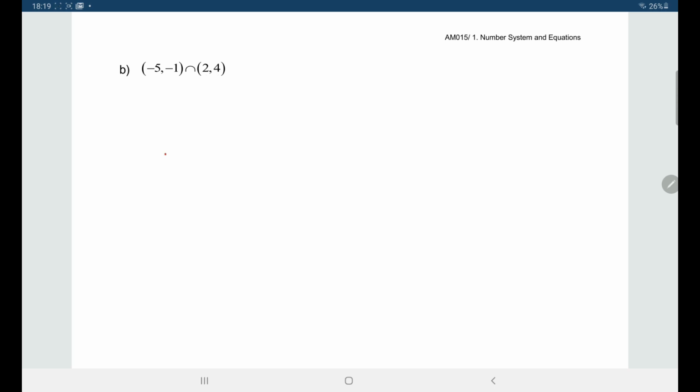Okay, the first step, draw the number line, and then mark the number line using the end values of the intervals according to their values. From both intervals, from smaller value to higher values are -5, -1, 2 and 4.